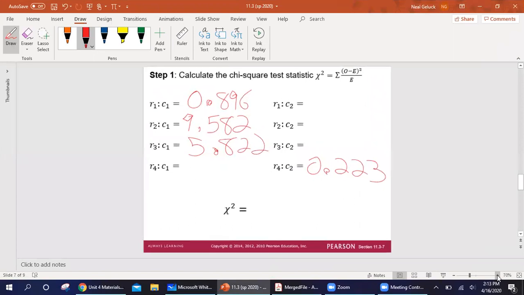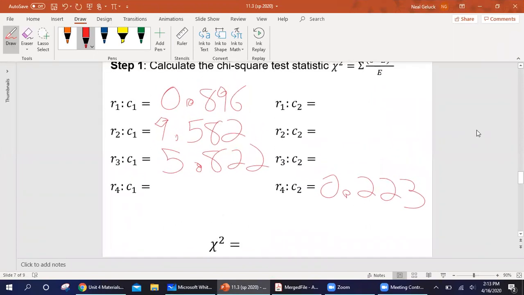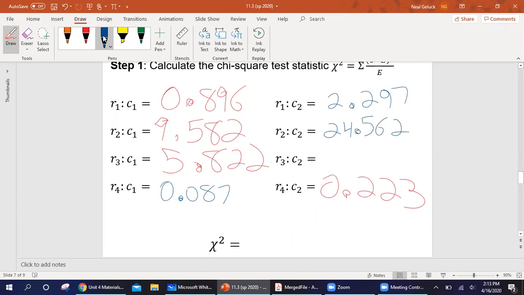So for the other 4, row 4, column 1, if you calculate it out, it's 0.087. I'll just write down the rest of these, 2.297, 24.562, 14.925.